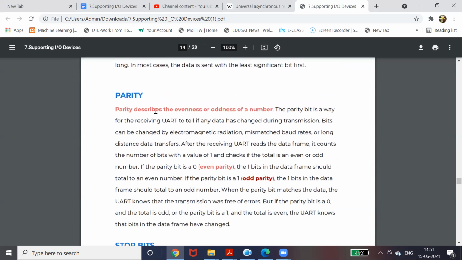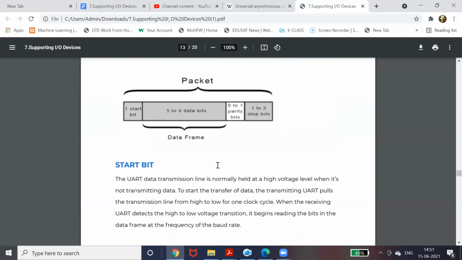Parity describes whether the number of ones in your actual data is even or odd. So it will calculate how many bits you are transferring and how many ones there are.